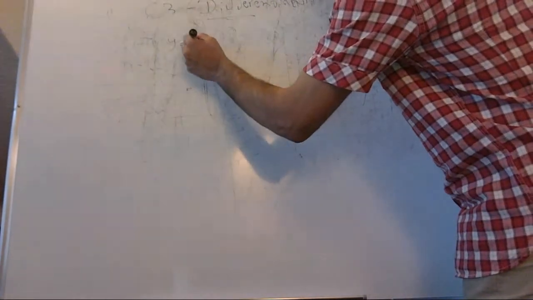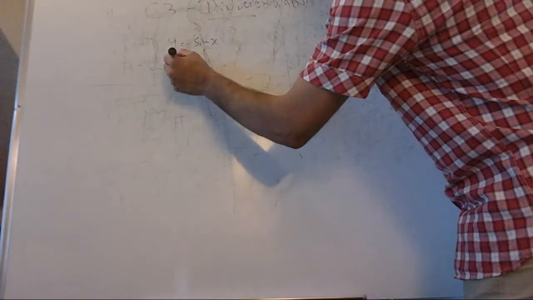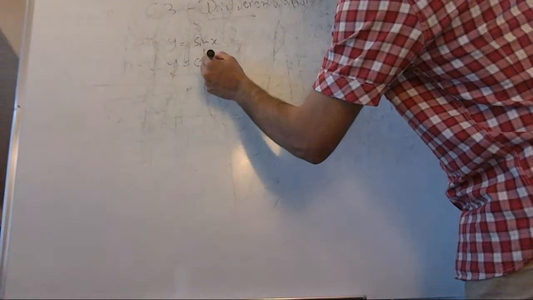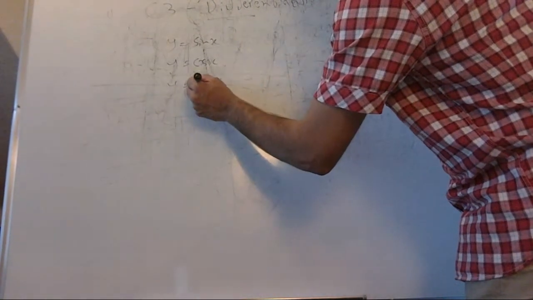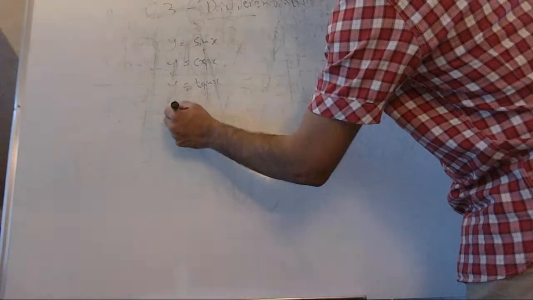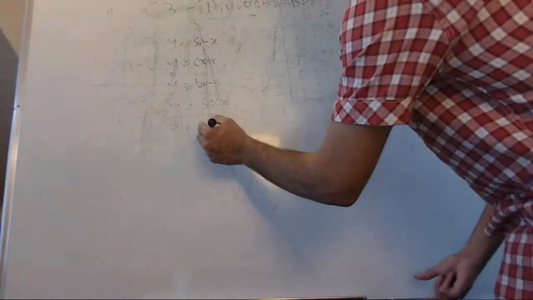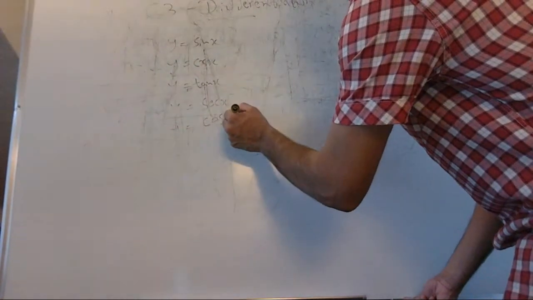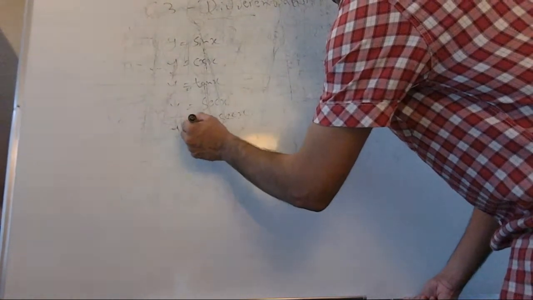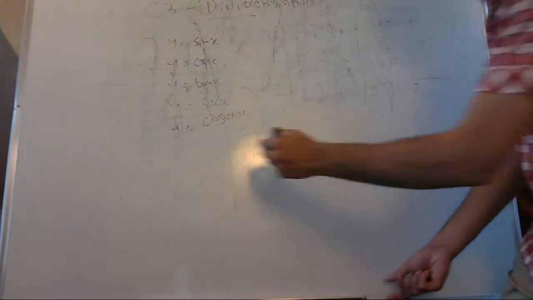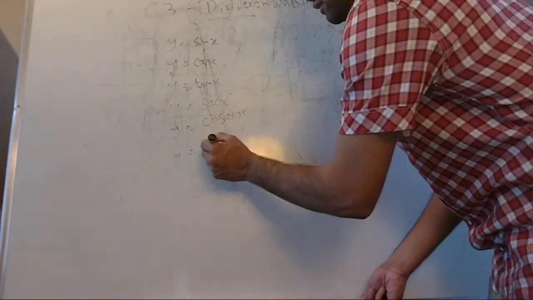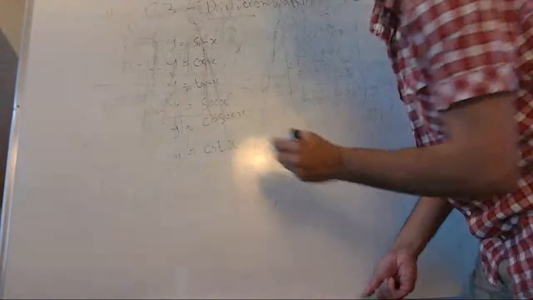So y equals sine x, y equals cos x, y equals tan x, y equals sec x, y equals cosec x, and y equals cot x.